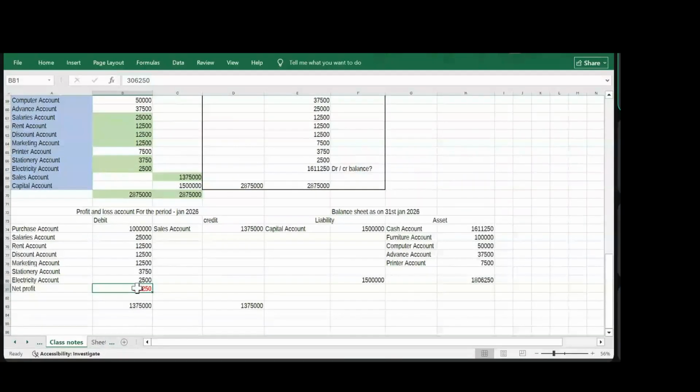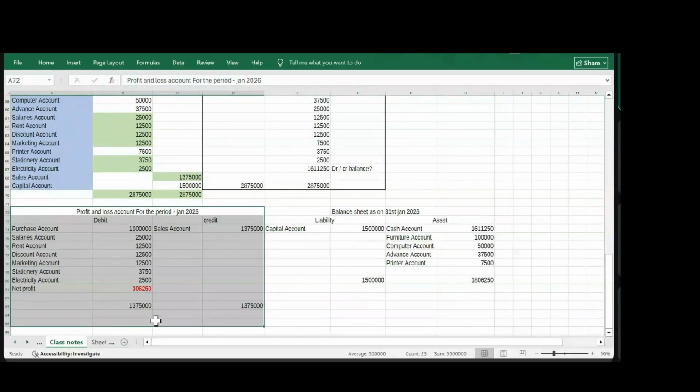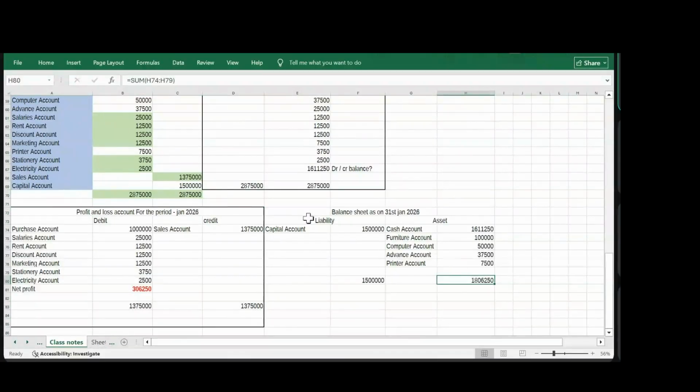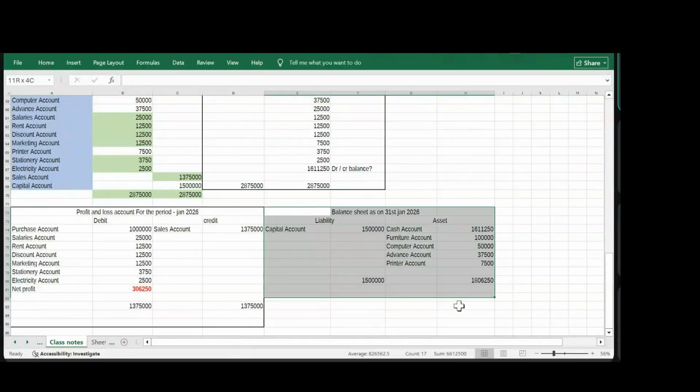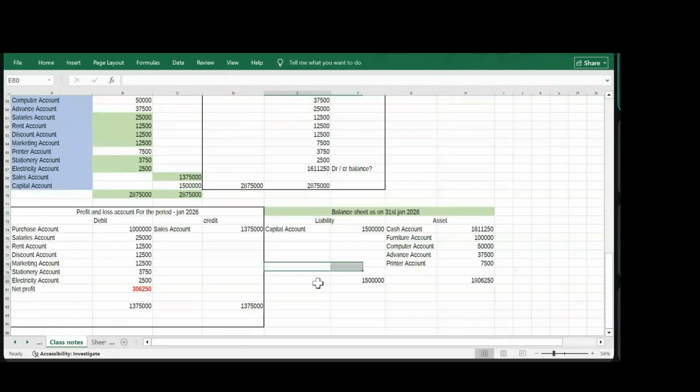This net profit or loss, in this case it is profit, whether it is profit or loss, it will belong to the owners of the business. Who are the owners? Those who have given us money, equity, the capital. Now here in the balance sheet, we have to show that money so that at the end of the period, whatever is the net balance that we have, it is going to go here.